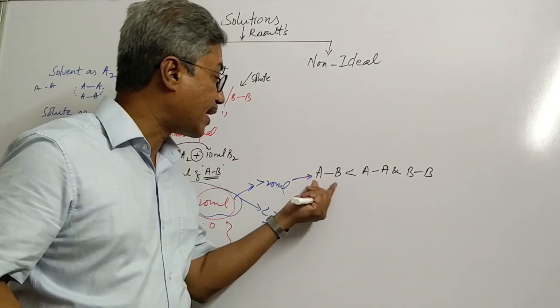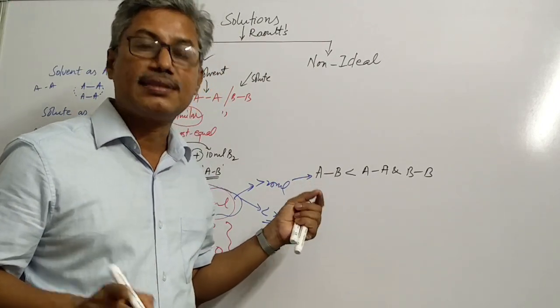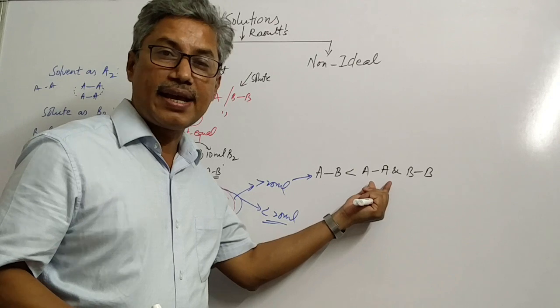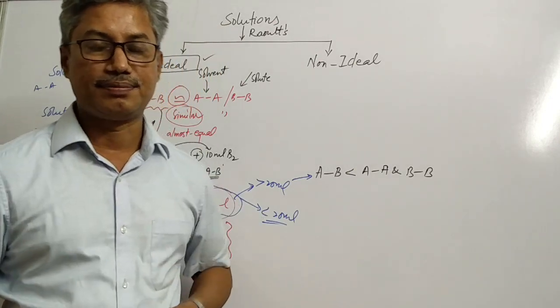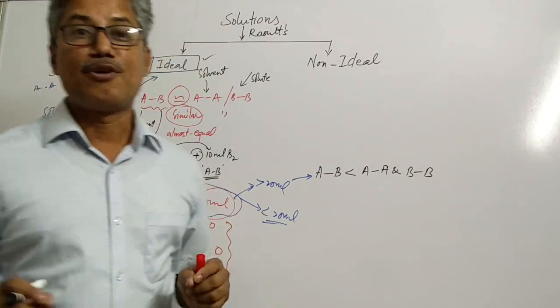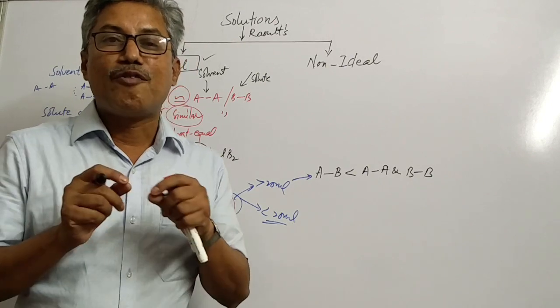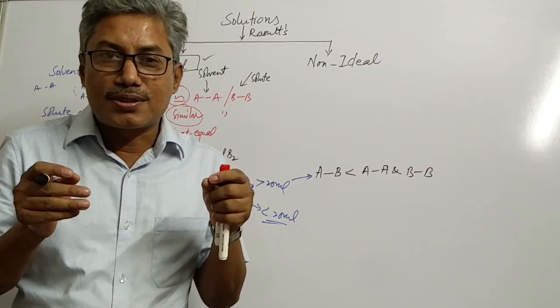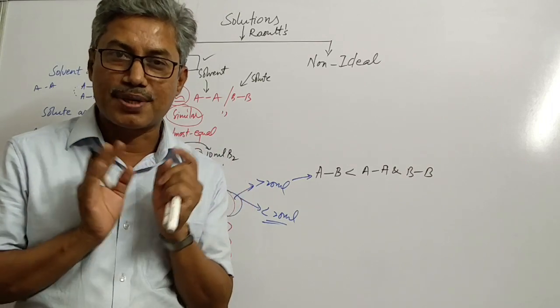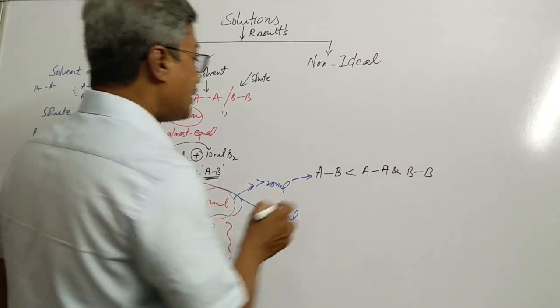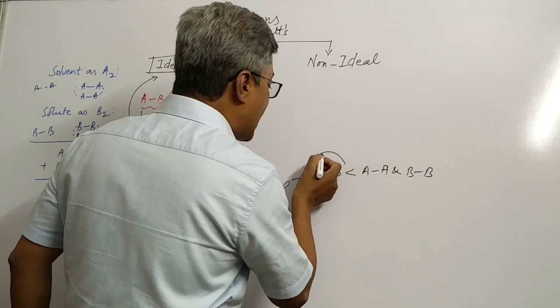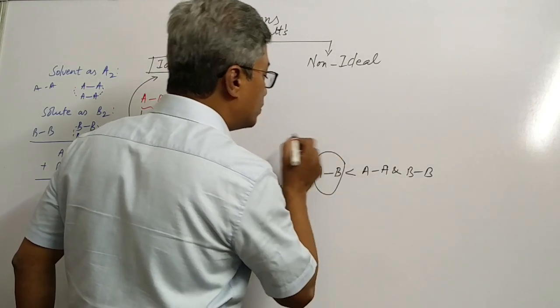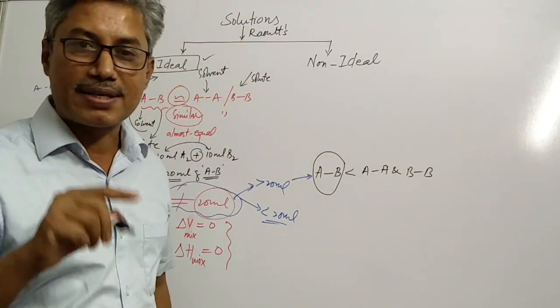Clear students? Now we know that weaker bonds are longer bonds, stronger bonds are shorter bonds. And if that is the case, this will be occupying more than the volume of these two liquids.